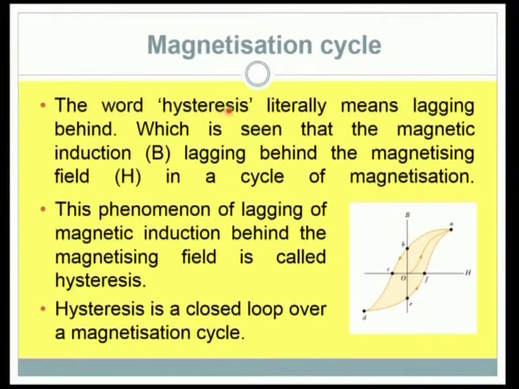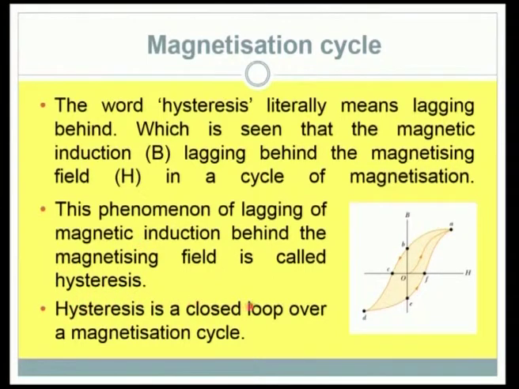The word hysteresis literally means lagging behind, which is seen as the magnetic induction B lagging behind the magnetizing field H in a cycle of magnetization. This phenomenon of lagging of magnetic induction behind the magnetizing field is called hysteresis.